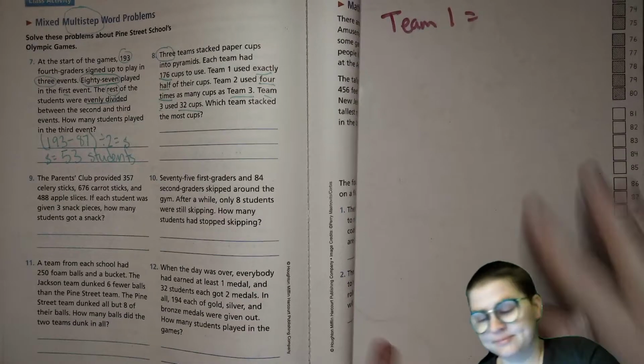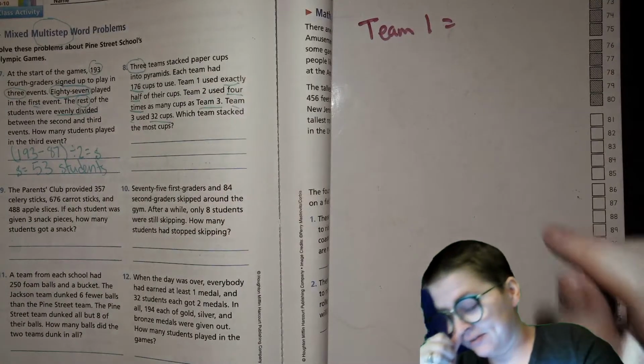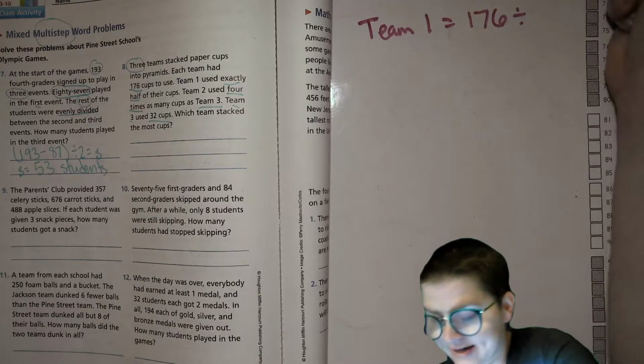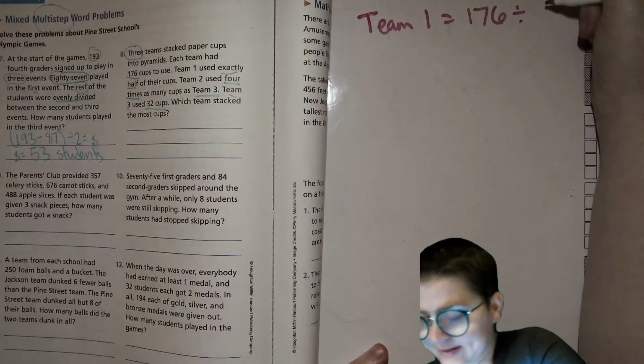So when I get a question like this, I write Team 1, and we know it's half of 176. So it's 176 divided by 2, right?